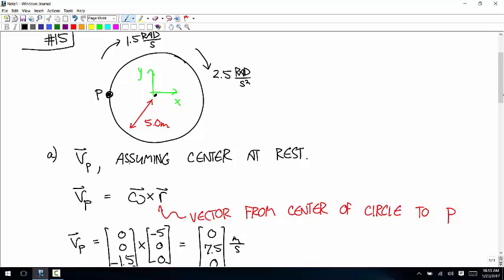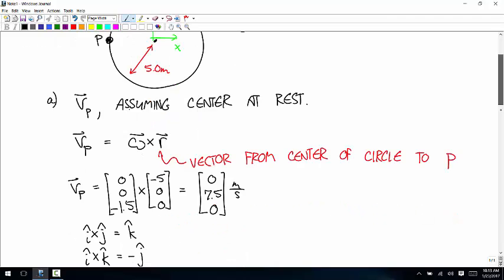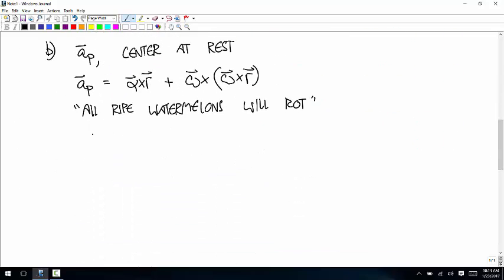Your thumb is giving you the direction of the angular acceleration. So the angular acceleration vector is 2.5 in the negative z direction, radians per second squared.